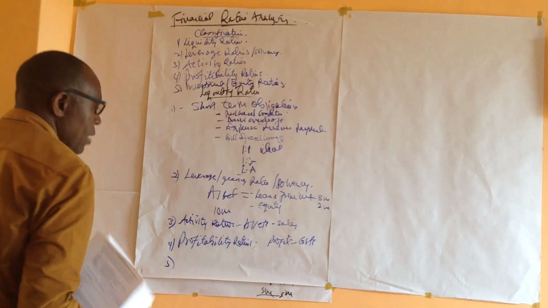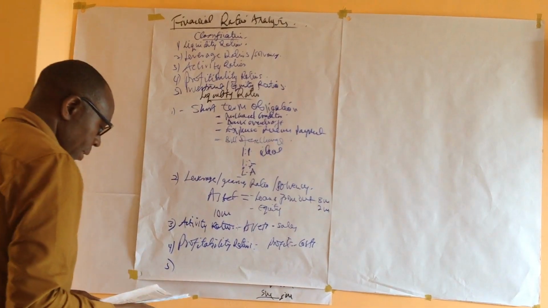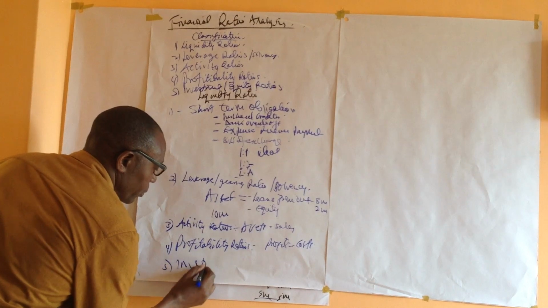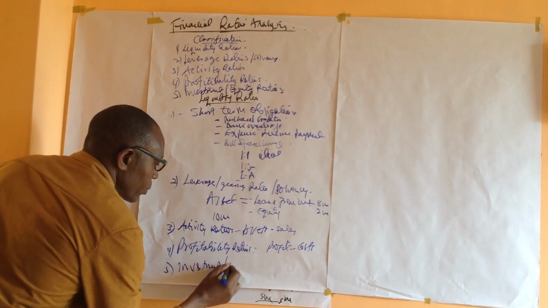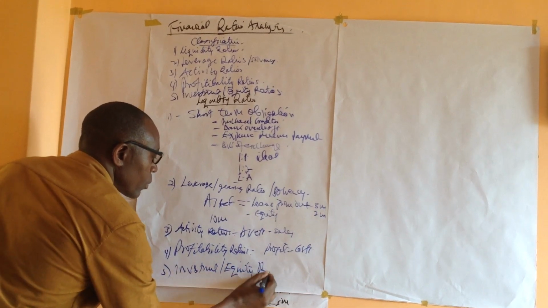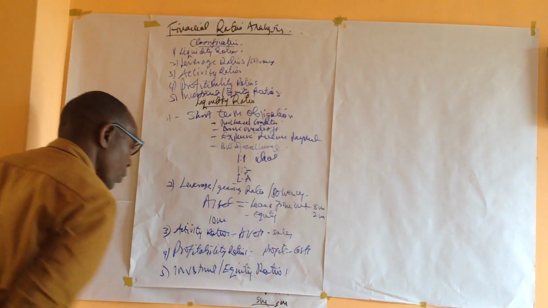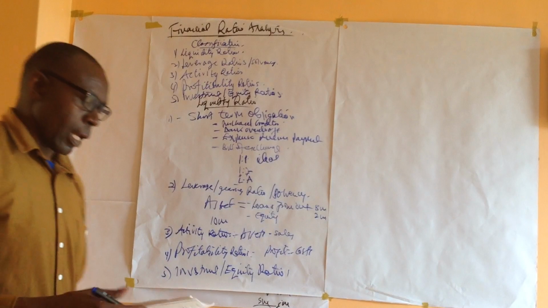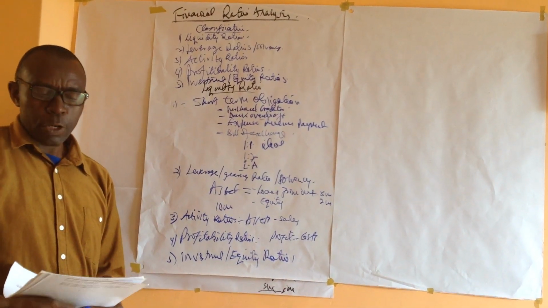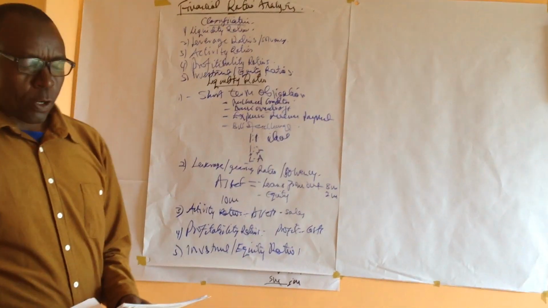So that should be the last, the fifth one, which we talk of as the investment or equity ratios. And this is used to evaluate the overall performance of a company.